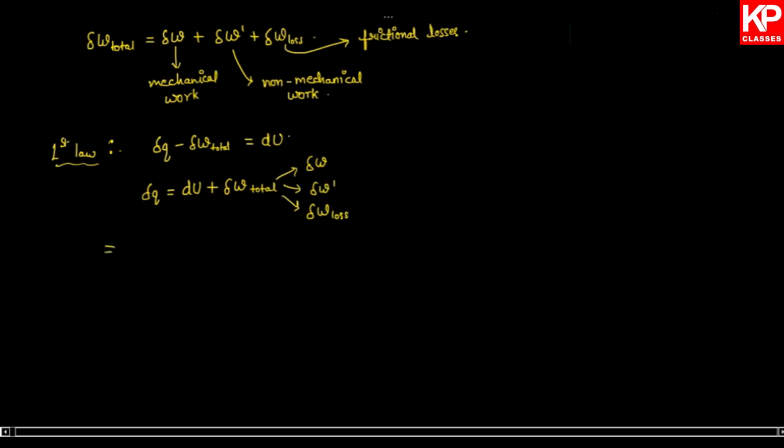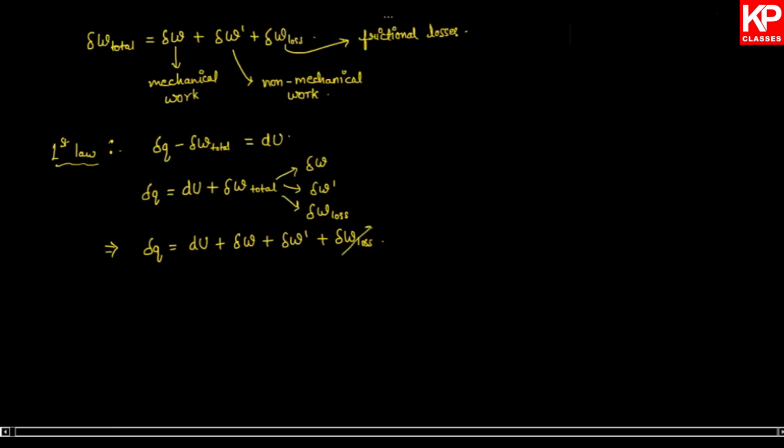So you can simply write it down in such a format that del Q is equal to dU plus del W plus del W dash plus del W loss. Considering this particular system, we are taking that the loss by the frictional forces is zero.